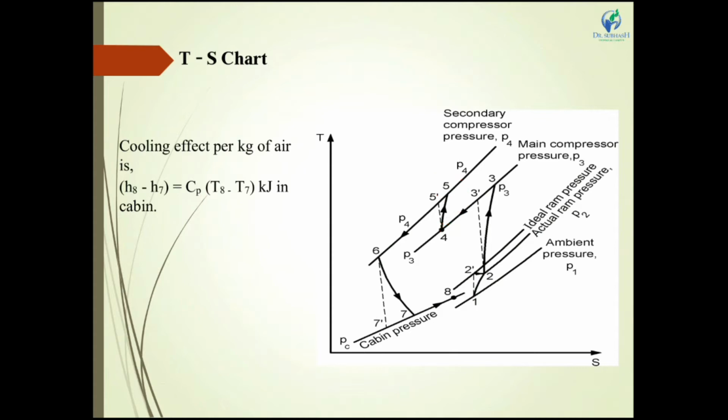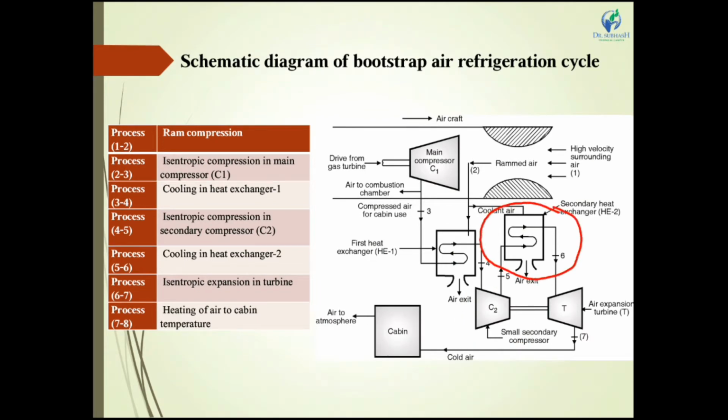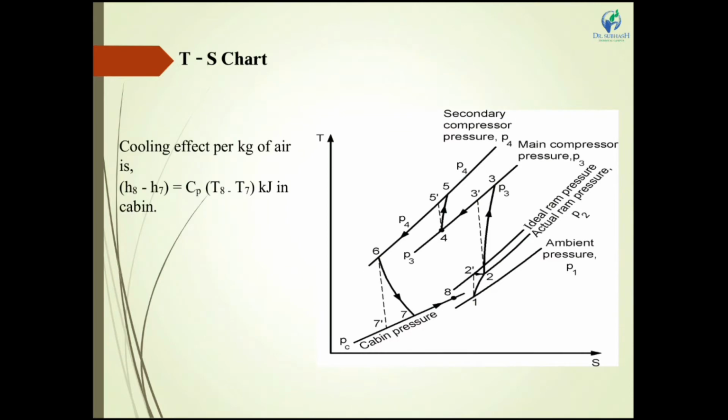Then this compressed air passes through the next heat exchanger, the secondary heat exchanger. So we denote heat exchanger 1 and heat exchanger 2, the primary heat exchanger and secondary heat exchanger. In the diagram the process 5 to 6 is the secondary heat exchanger in the TS diagram.